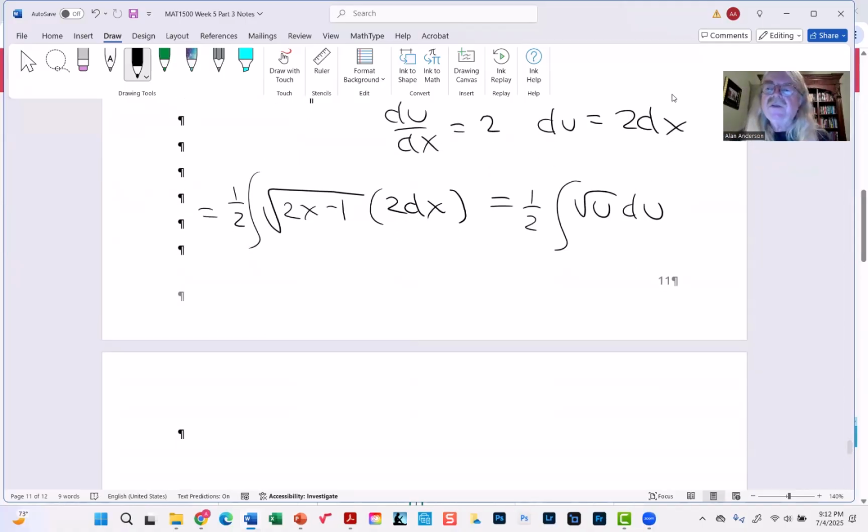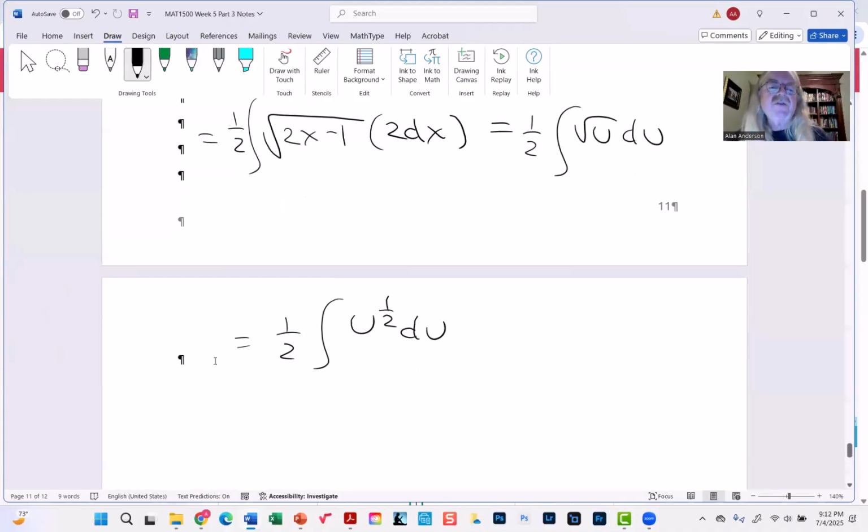Okay, and now of course we can use the power rule, but first let's rewrite this as u to the 1/2. I just think it makes it a little easier to do it that way.